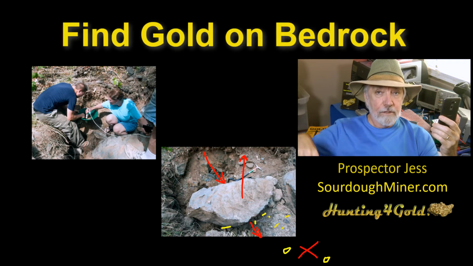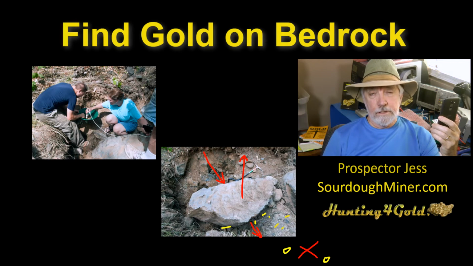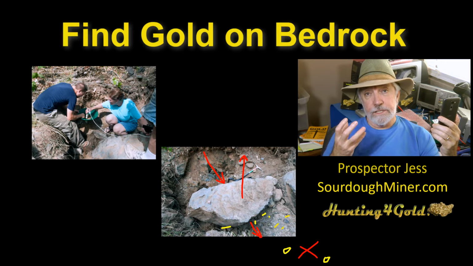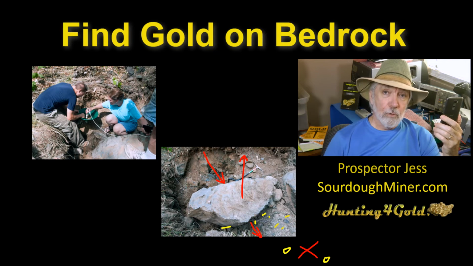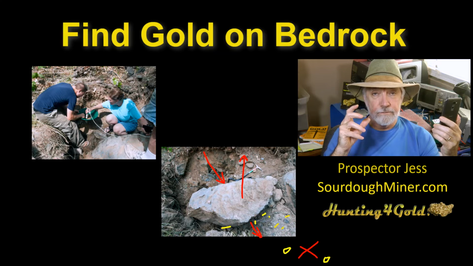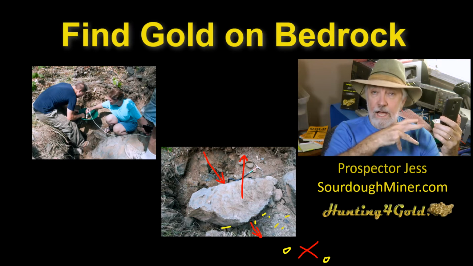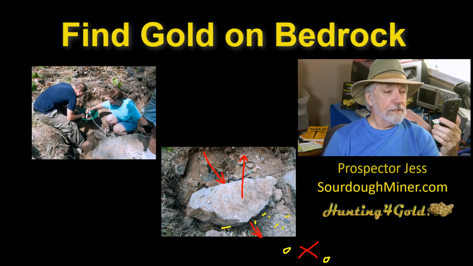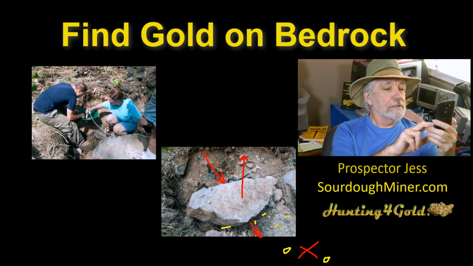All of that Horst and Graben I've talked about a month ago is going to give you this fantastic opportunity to inject more gold into the surface material, and then it erodes out into the desert, and that's where you find those things.